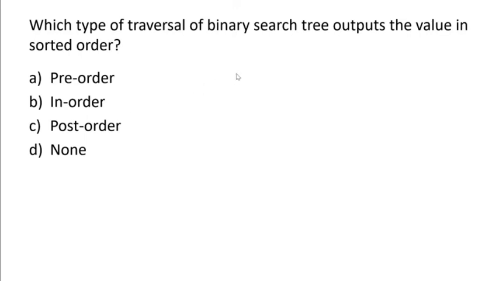Which type of traversal of a binary search tree outputs the values in sorted order? Let me take an example. 99, 112, 76, 80 and 50. Yeah, in order. See, in a binary search tree, the in order gives you the sequence of elements in sorted order. How will you calculate in order?